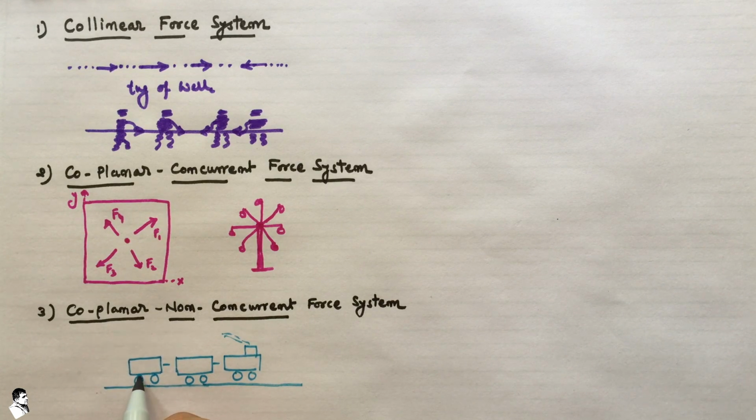Now the forces transferred from the wheel to the rail are in a single plane, because that is in the same line in this direction as well as in this direction. Those are in a single plane and both are parallel, so that means they are not meeting at the same point. So this is called non-concurrent. So the combination of that is a coplanar non-concurrent force system.